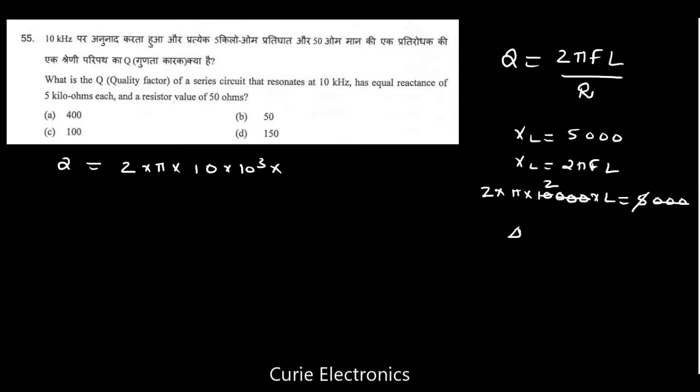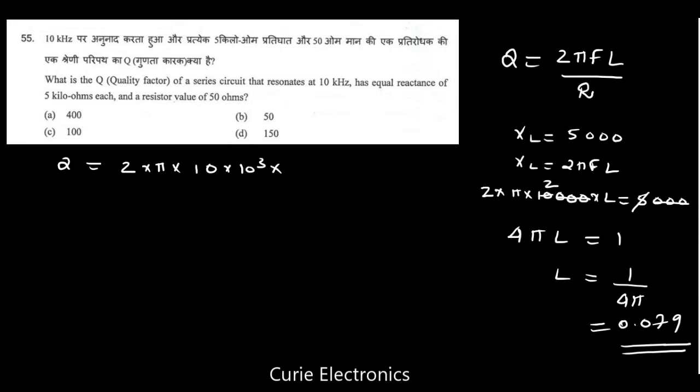Now 4 pi L equal to 1. So L equals 1 upon 4 pi. Let me take a calculator. 1 divided by 4 pi comes to 0.079. So now inductance also we got.